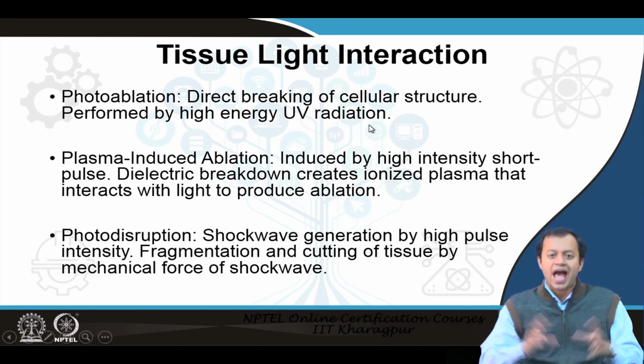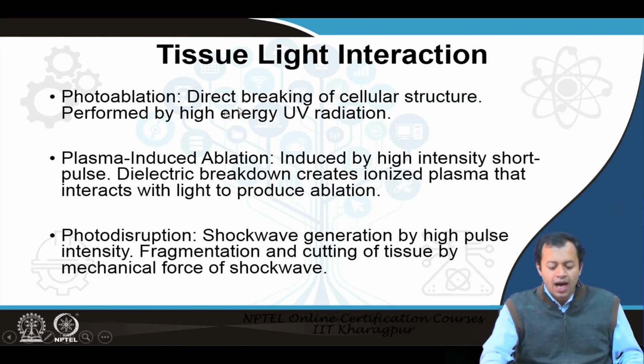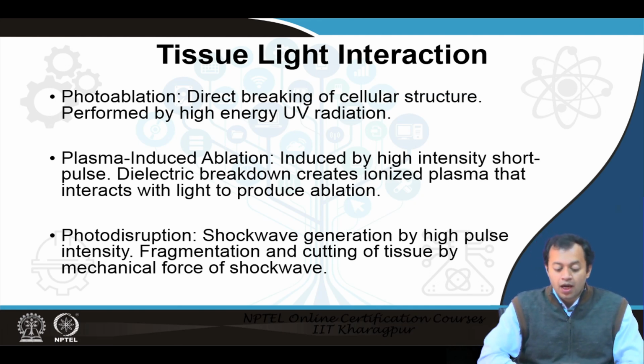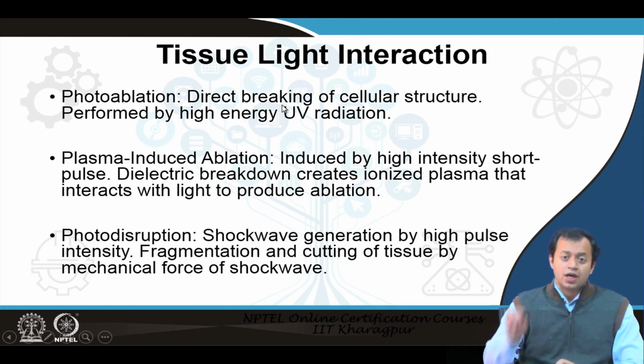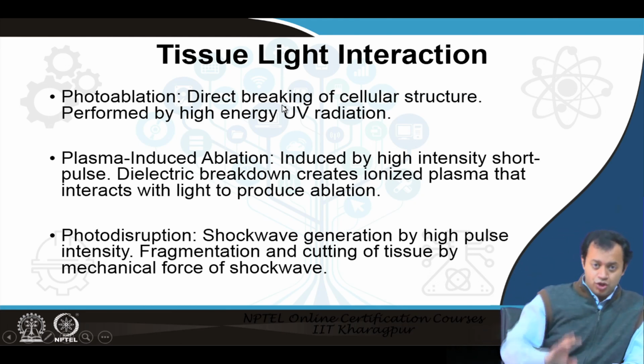The cellular structure actually breaks down by high intensity energy radiation. This is basically photoablation, which you will see when a human being is exposed to radiation, radiation poisoning in nuclear power plants, or, God forbid, in nuclear bombs, or those kinds of accidents where high energy radiation simply breaks down your tissues.